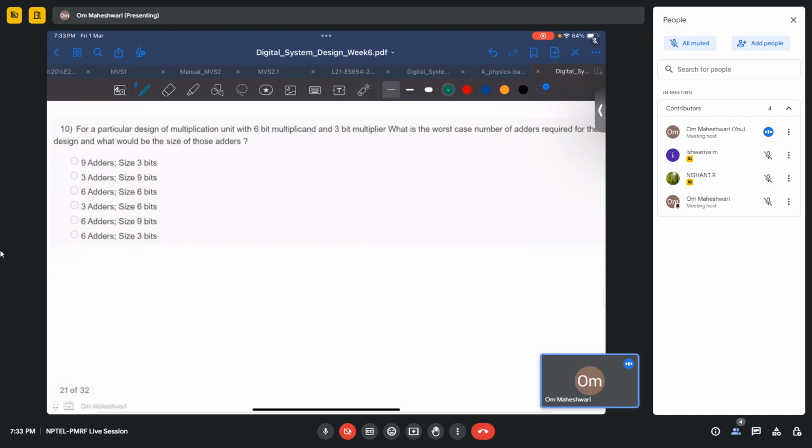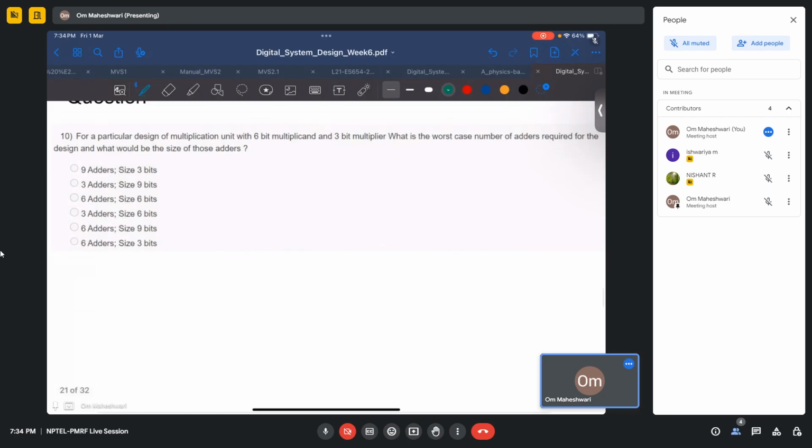For a particular design of multiplication unit with 6-bit multiplicand and 3-bit multiplier, what is the worst case number of adders required for the design? What would be the size of those adders? So this part we had solved in one of the previous questions, right?